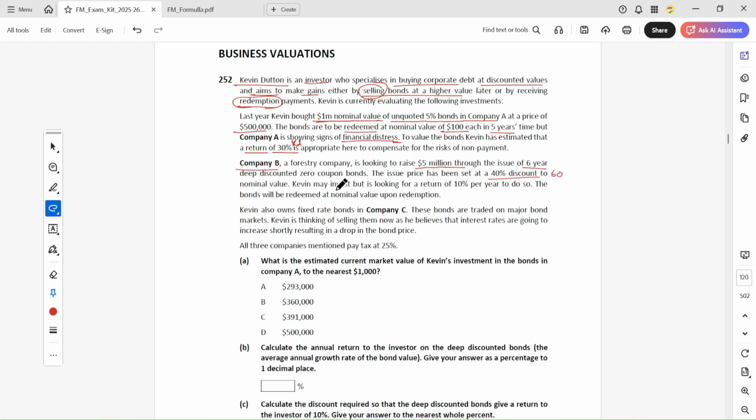Kevin may invest but is looking for a return per year. The bonds will be redeemed at nominal value upon redemption, so there is no premium at redemption.